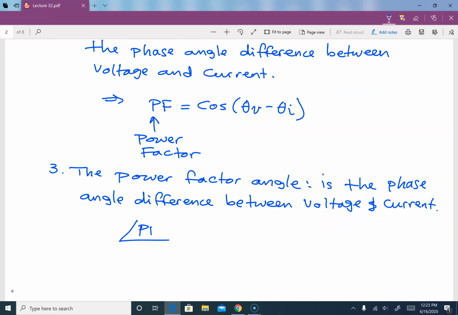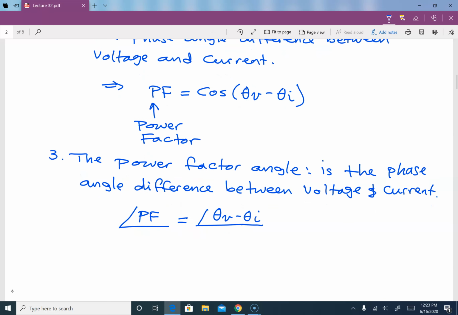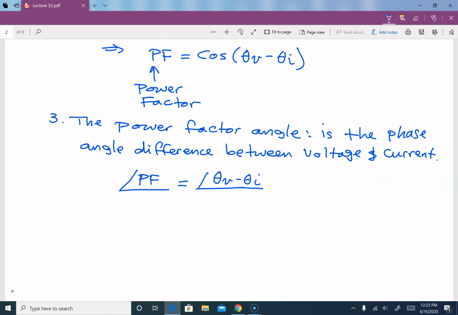So the angle of the power factor is equal to theta V minus theta I. Power factor angle is equal to impedance angle.